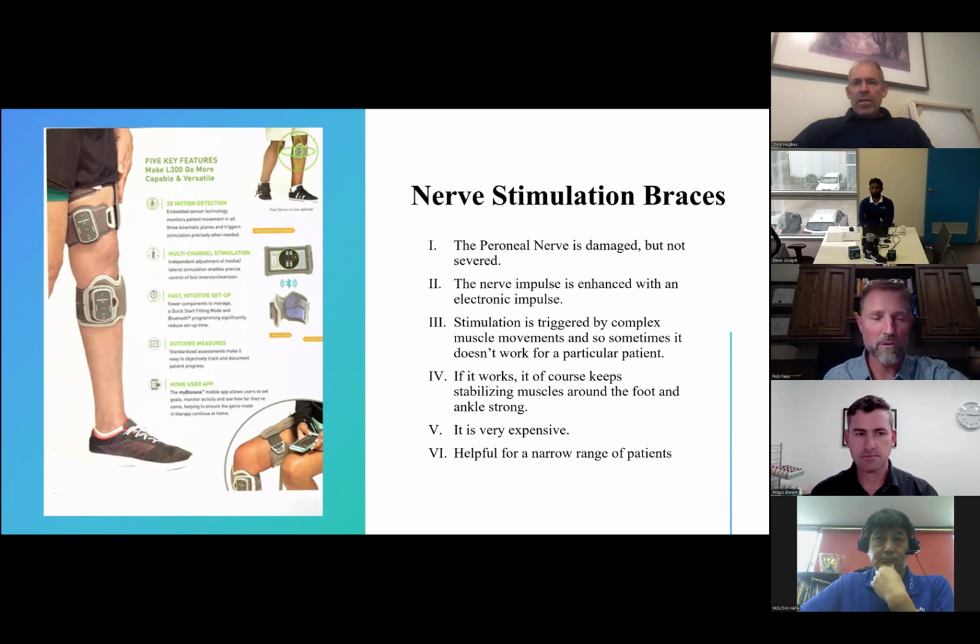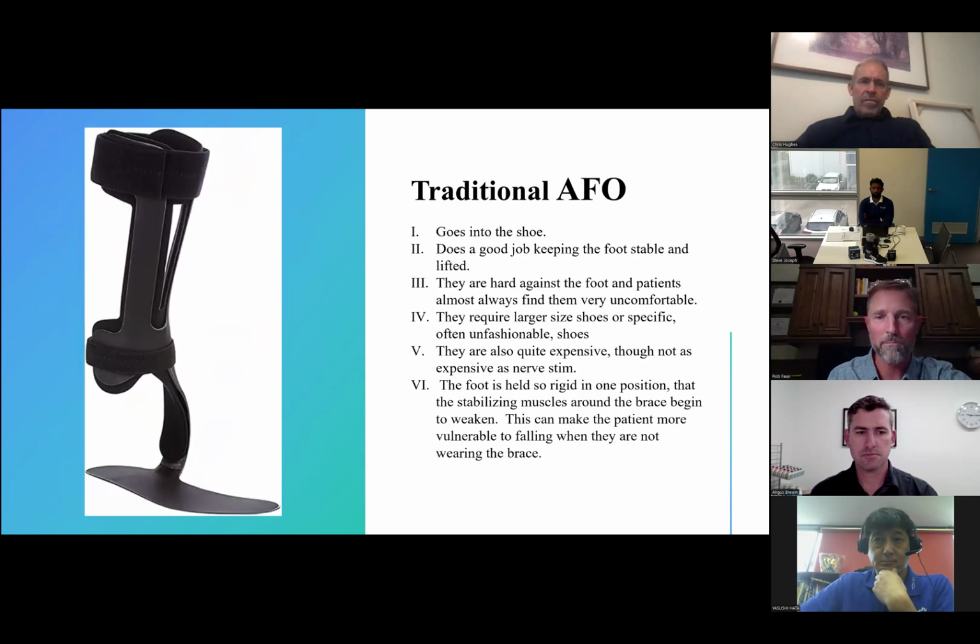Expense is really the prohibitive factor here. In the United States, we struggle with getting insurance to cover any of this, and most patients are paying for this out of pocket. I don't know if that's true internationally, but I'm guessing in many places, it's probably not even available in a lot of first world countries because of that expense. So it's a narrow range of patients that it's valuable for.